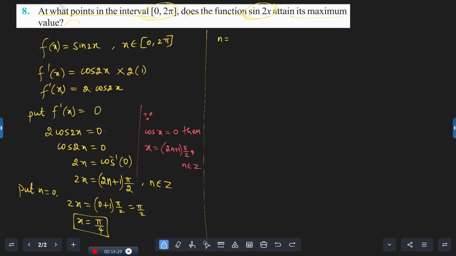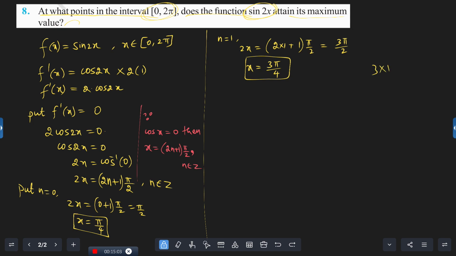Then n equal to 1. Then 2x is equal to (2 into 1 plus 1) into pi by 2, which is 3 pi by 2. Then x is equal to 3 pi by 2 divided by 2, so 3 pi by 4. This is also one of the x values. Before that you should confirm whether it belongs to 0 to 2 pi.